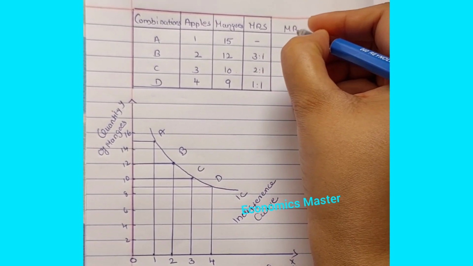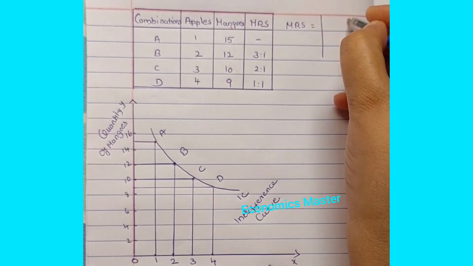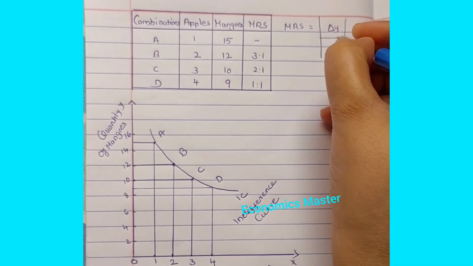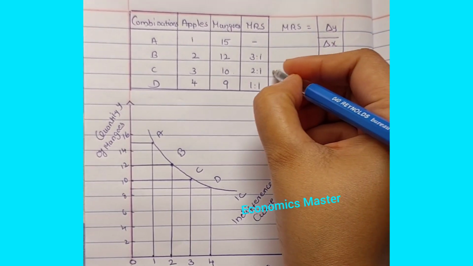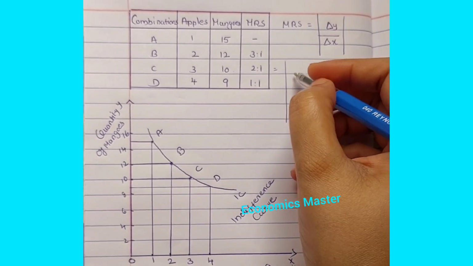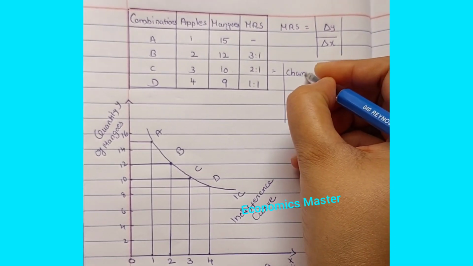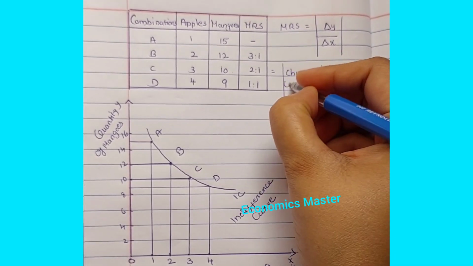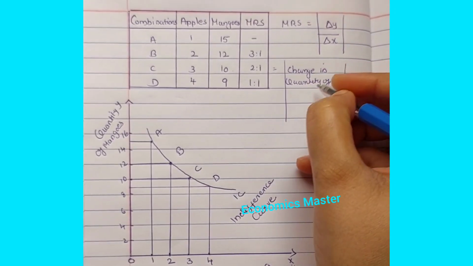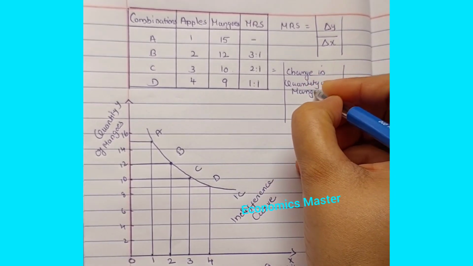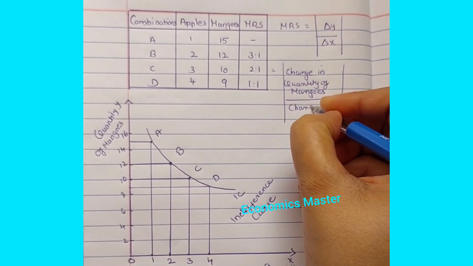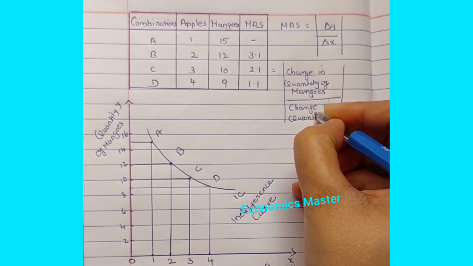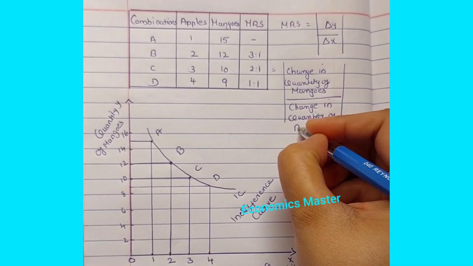How to find marginal rate of substitution? MRS is equal to the modulus of delta y by delta x, which is the modulus of change in the quantity of y, here mangoes, divided by change in the quantity of x, here apples.